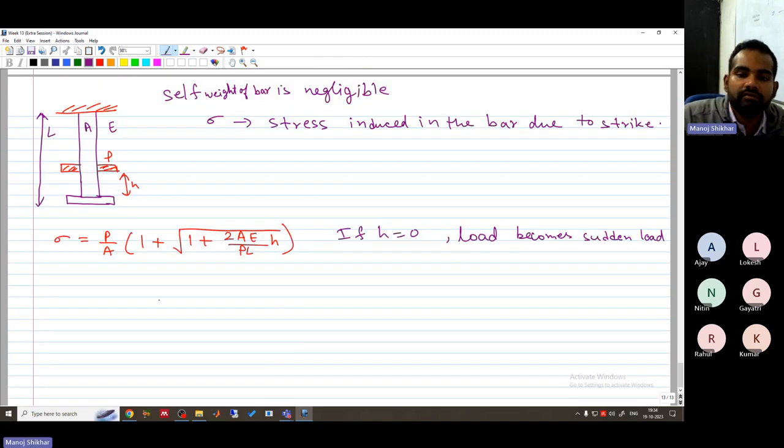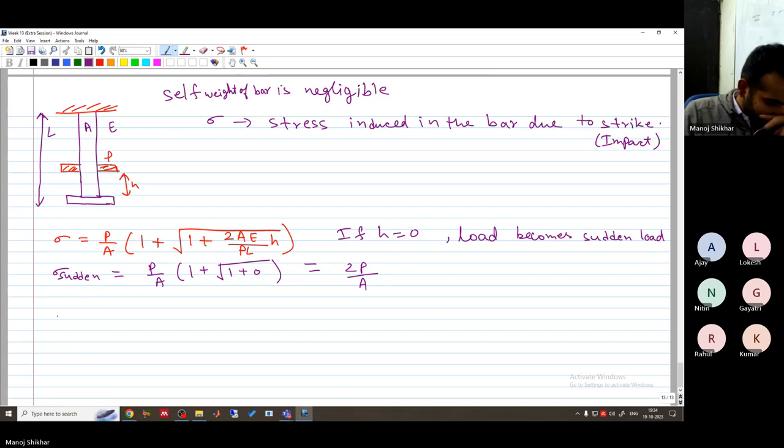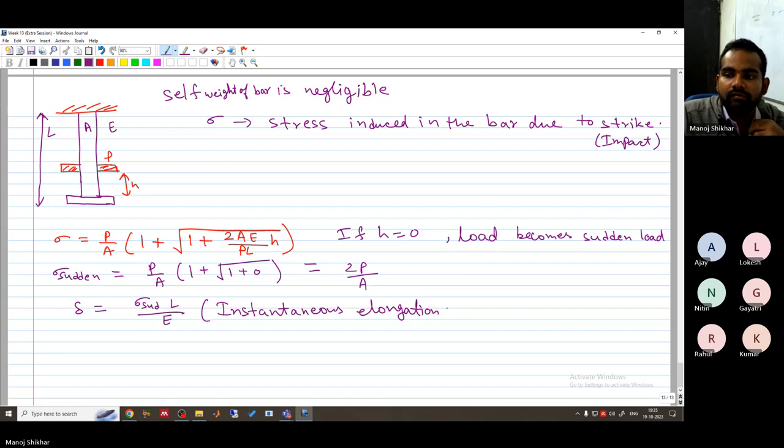And in that case, sigma sudden equals P by A into 1 plus... sometimes it is called impact also, right? Due to impact. So 2P by A is our sigma sudden. And in this case, our delta is sigma sudden into L by E. This is also known as the instantaneous elongation in the bar.